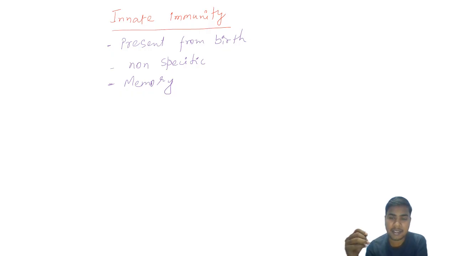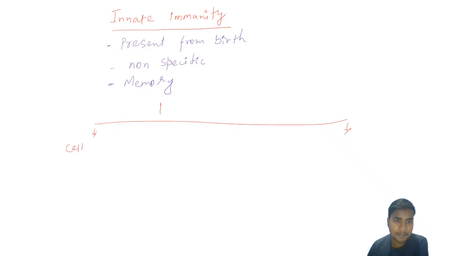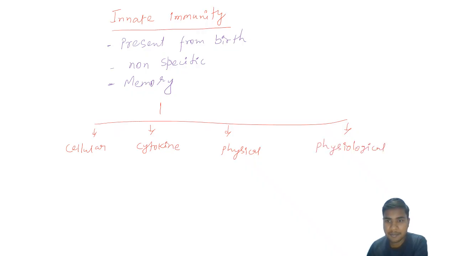For innate immunity, there are different kinds of barriers which help it show its action.